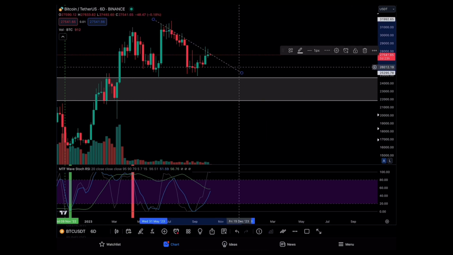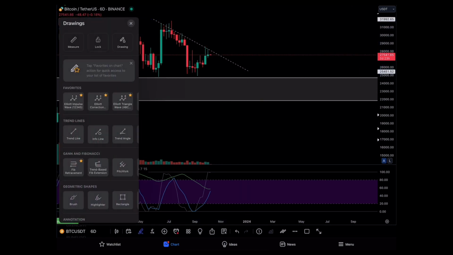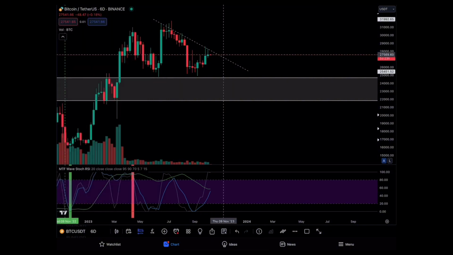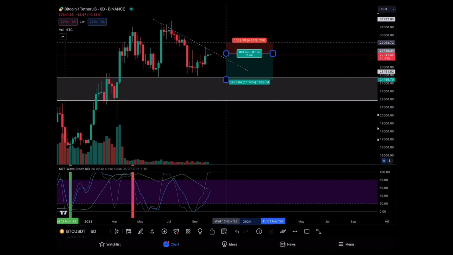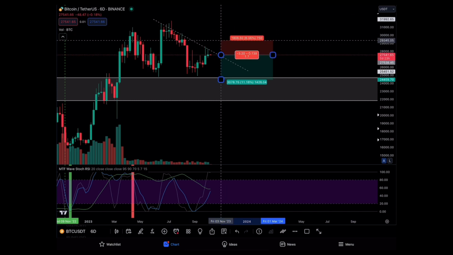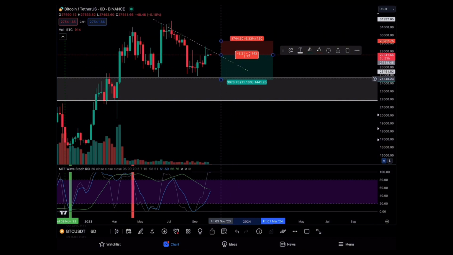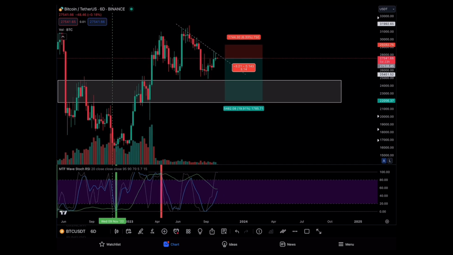You could be targeting a short here by simply opening the short with a stop loss above here, stop loss above 29,100 or even 29,280. And then you can extend this at least to the bottom of that. That would make for a nice risk reward. That's something you could be doing if you're leaning towards the bearish scenarios.